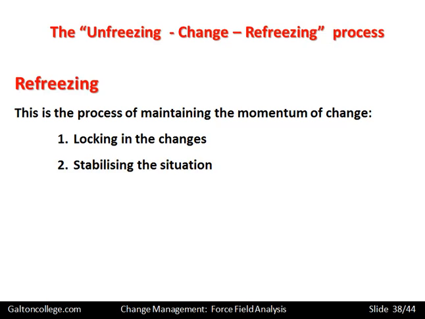Once workers are familiar with the new process after the change, the situation becomes stabilized. It becomes a stable system. The workers are able to work, and the management are able to work with the system. They know the new system, they know it works, they know the problem has been solved. The situation becomes stable.